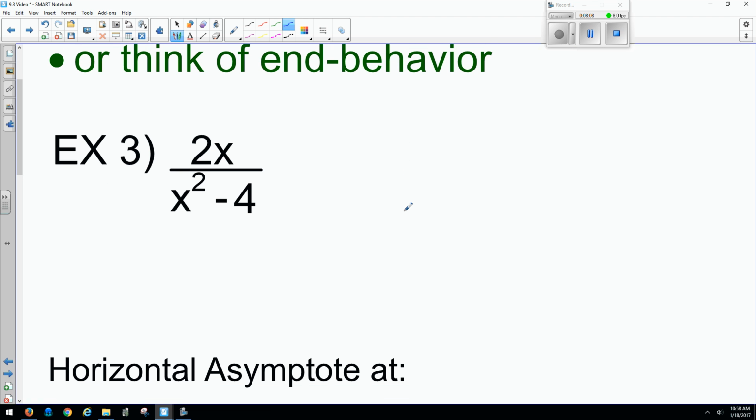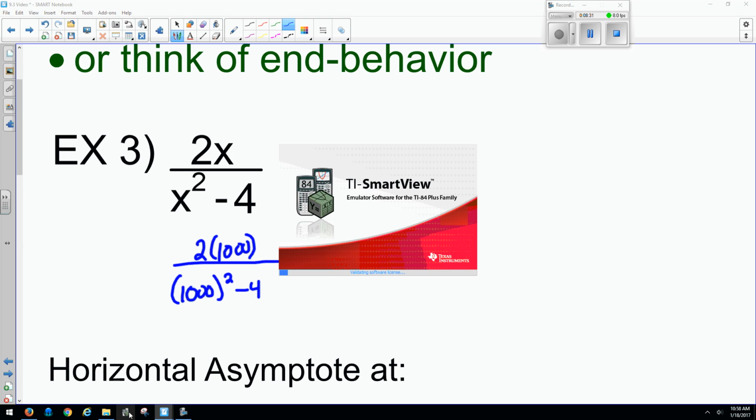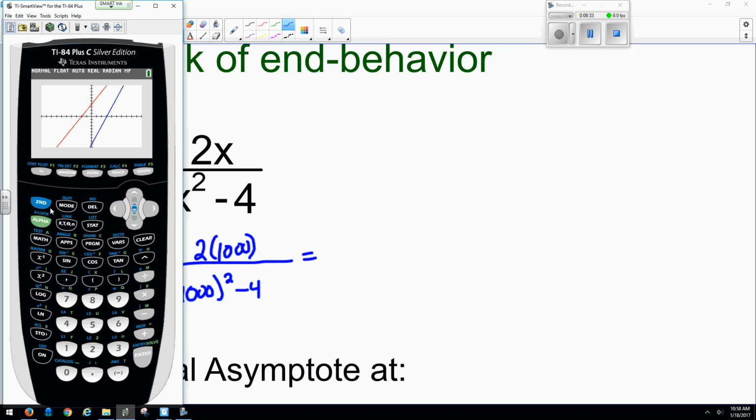And we've talked a little bit about end behavior. And so for number 3, I'm just going to take a really large number. Let's say we take 1,000 and substitute it in for x. We can kind of see where this function would be heading. I don't know what this is off the top of my head, so hold on just a sec.